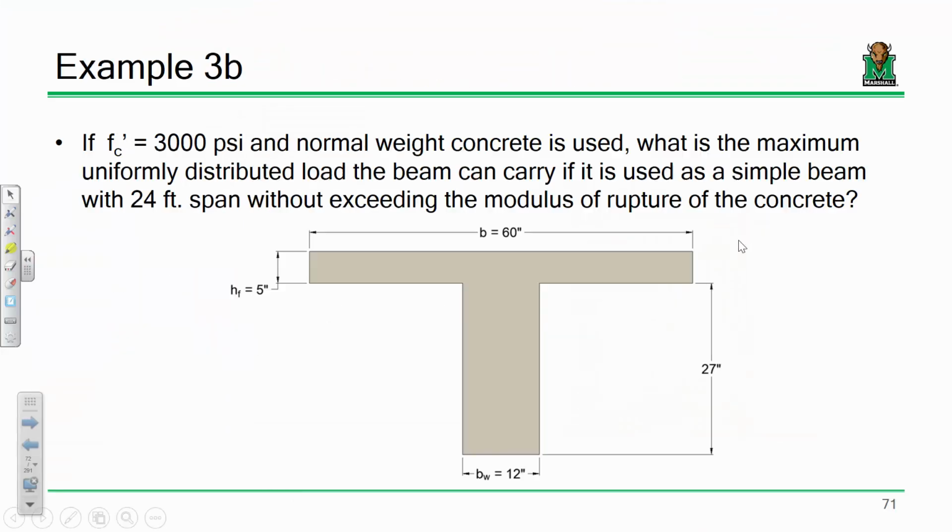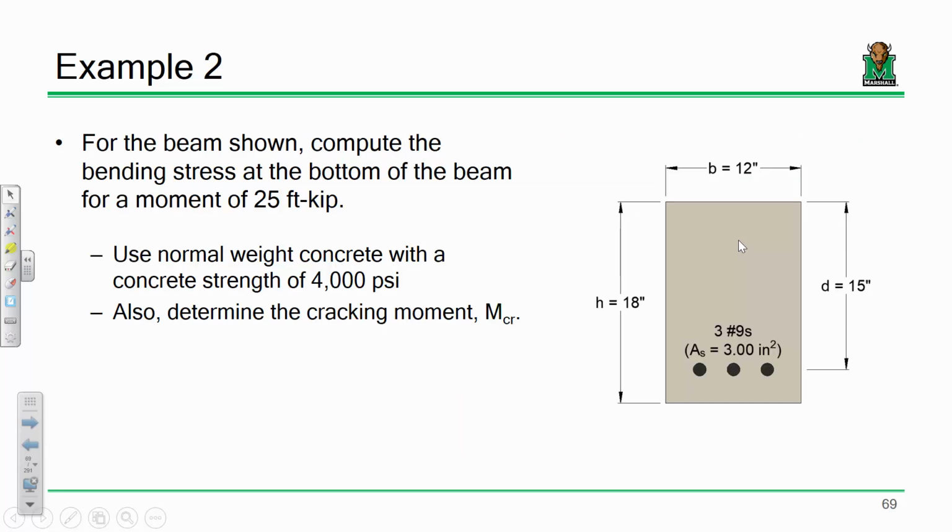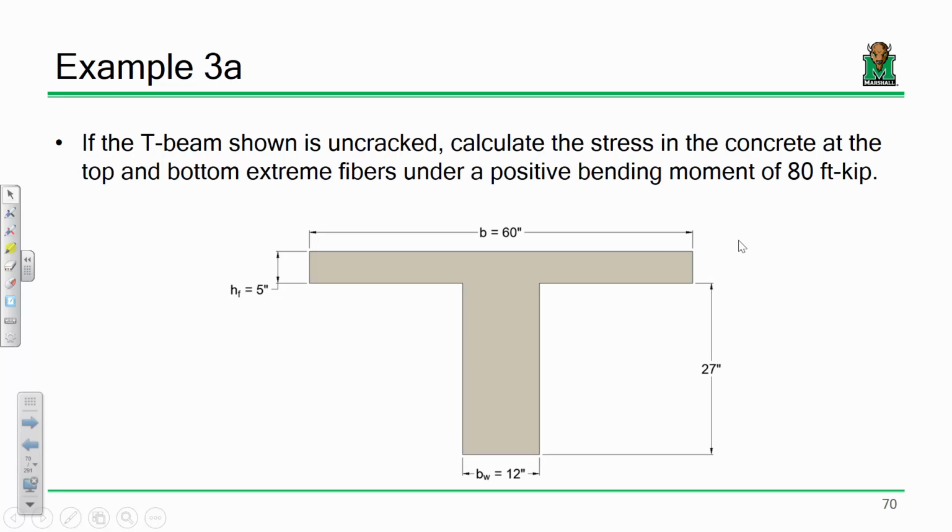So this was what we worked on last time. We had a T-beam subjected to a moment, and we were determining, given these properties, how much moment it can withstand before it cracks, et cetera. One of the big things I want to highlight is the difference between example 2 and example 3, which was the use of the parallel axis theorem.